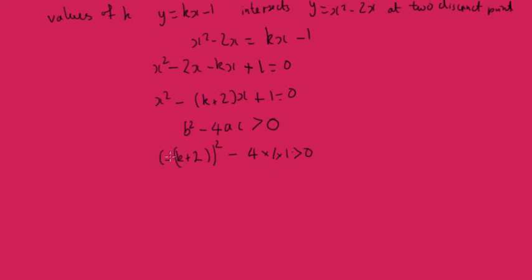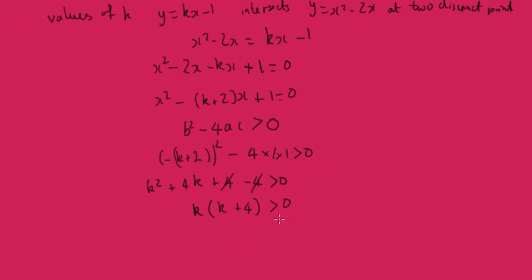So the negative is going to get cancelled out. We'll expand this bracket. So we'll have k squared plus 4k plus 4, then minus 4 greater than 0. So these will be cancelled out. So we'll have, taking the k out, k times (k plus 4) greater than 0.